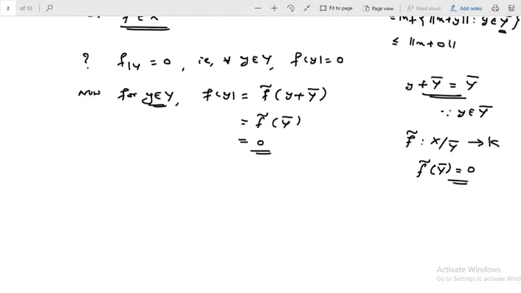For y belongs to Y, f of y is equal to 0, since Y closure is the 0 element of X by Y closure.